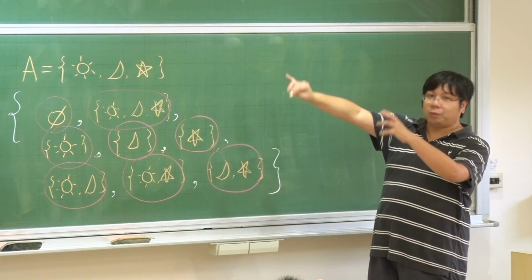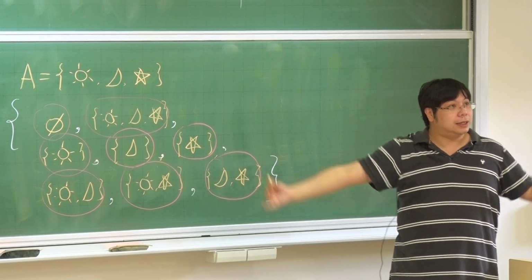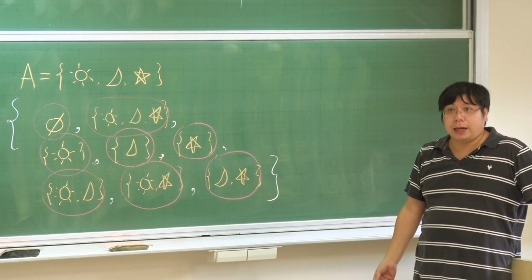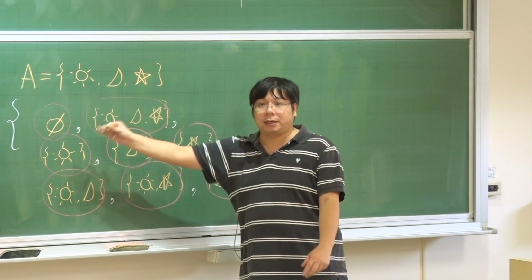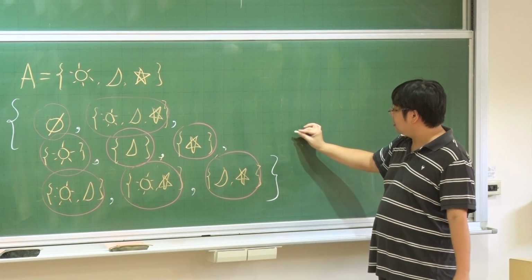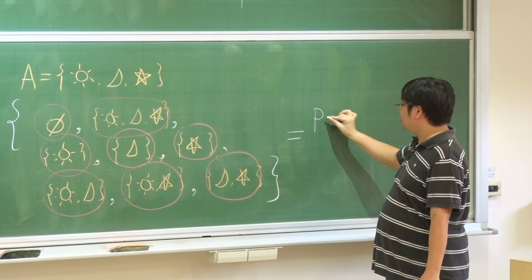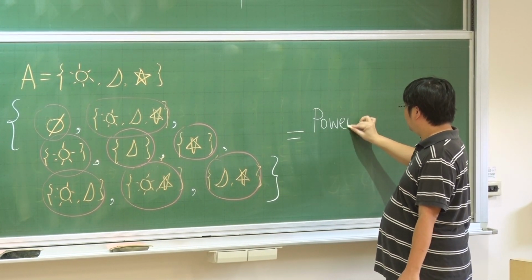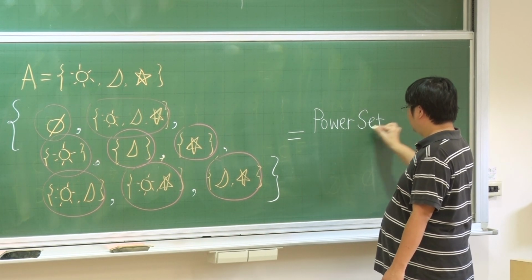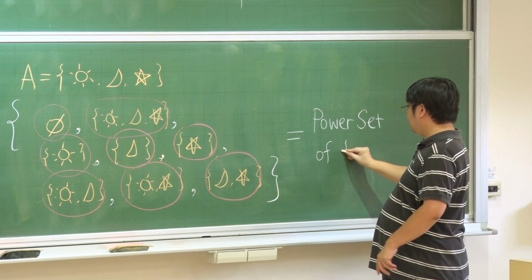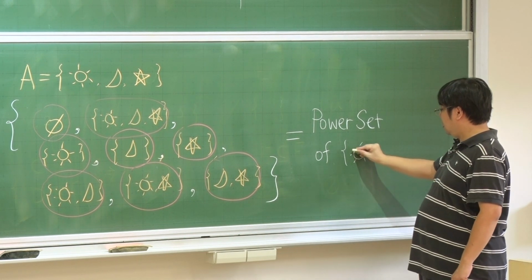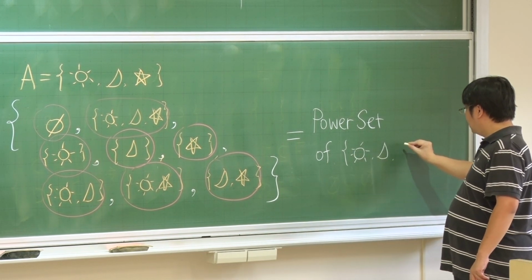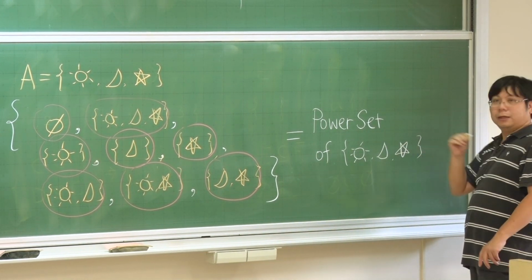So this set contains 8 elements. Each one of them is a subset. Then we call this the power set of A. Is that okay?